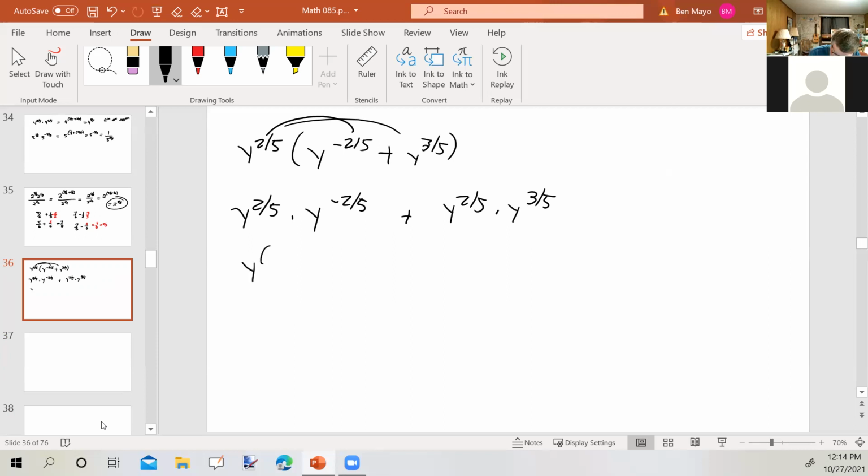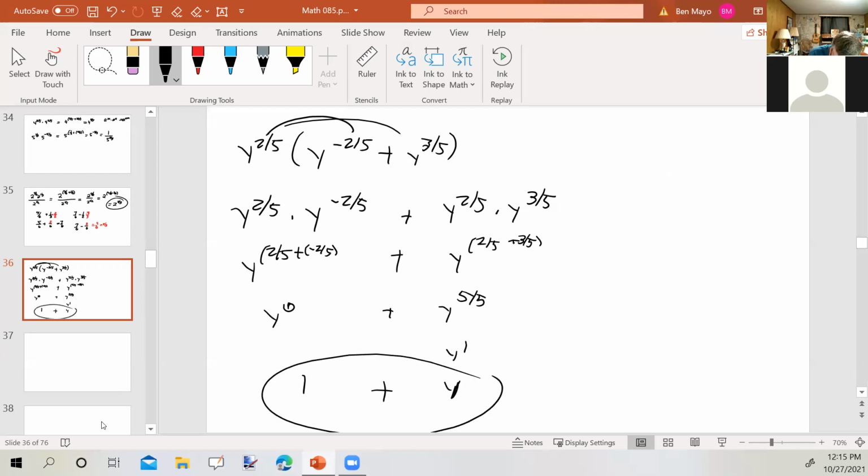So this is y to the 2/5 plus negative 2/5, which is y to the 0, which is 1. This is y to the 2/5 plus 3/5, which is y to the 5/5, which is y to the 1, which is y. So final answer, 1 plus y. So again, you've got to know those properties of exponents to deal with this.